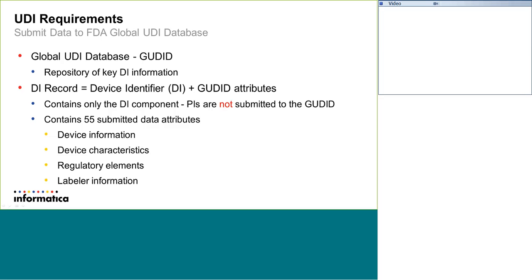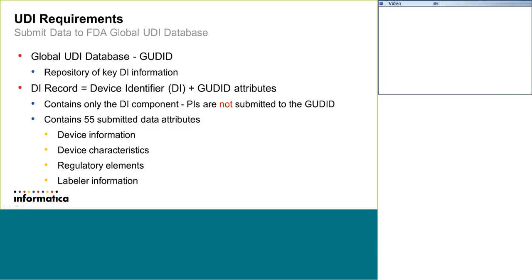The FDA has identified a number of specific attributes to be submitted along with the DI component of the UDI code. Examples of these attributes are the device model number or version, industry and FDA assigned codes, certain device or packaging conditions, device information, and device characteristics.